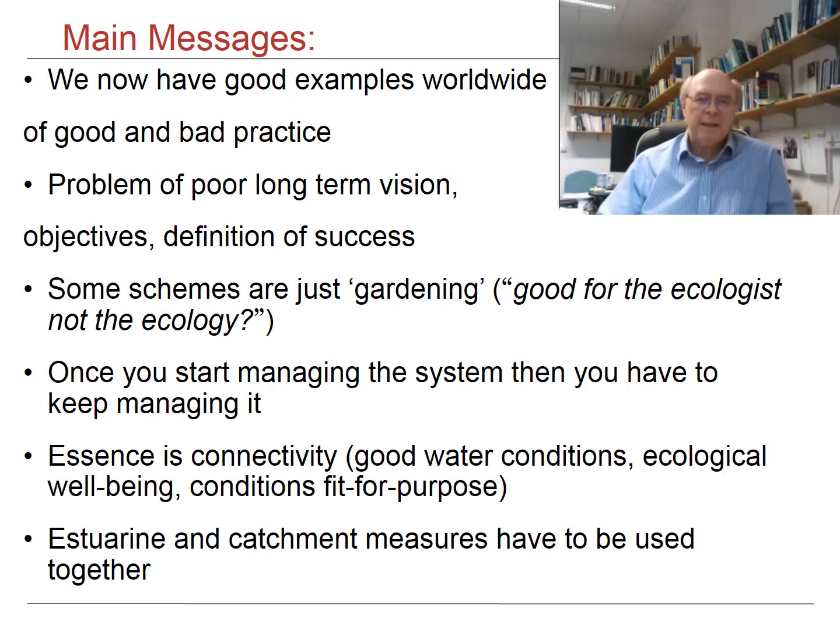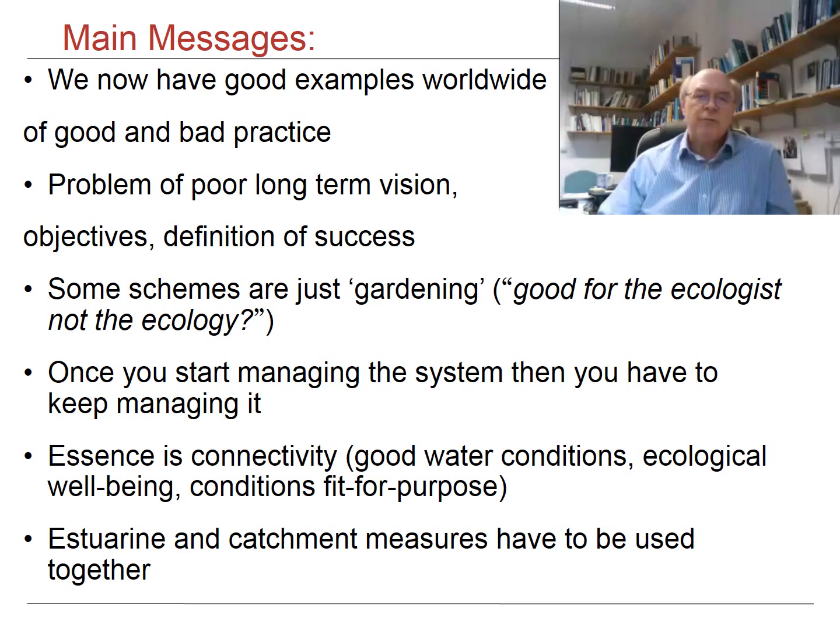So the final main messages in this. We've got good examples worldwide of both good and bad practice, and what we're doing is we're learning from these. We need a long-term vision when we're creating or recreating systems. We need to have good objectives. If we don't have a good objective for restoration, we don't know when we'll have reached that objective.